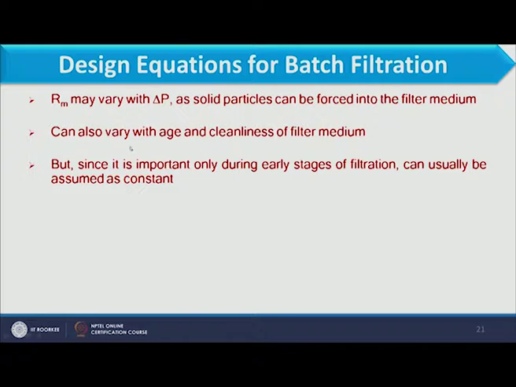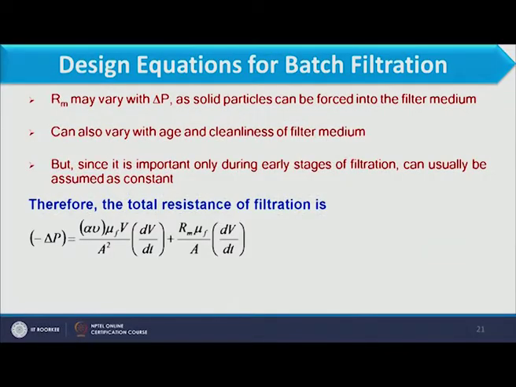Now it can also vary with age and cleanliness of the filter medium, but since it is important only during the early stages of filtration, it can usually be assumed constant. So usually we assume the Rm factor as constant, and therefore the total pressure drop of the filtration is the pressure drop across the cake and across the media clubbed together.